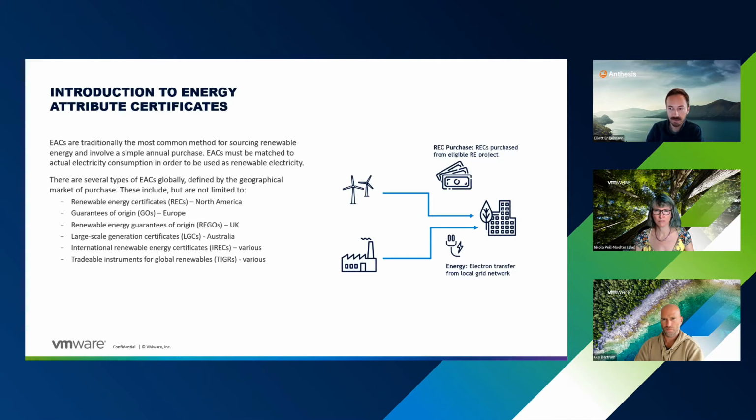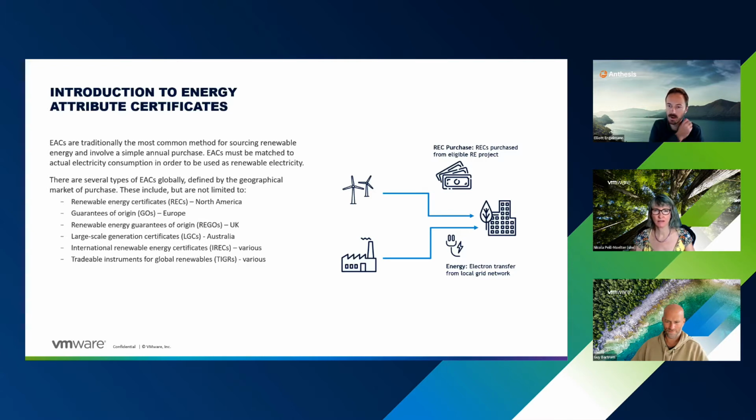In the UK specifically, they're called REGOs. In Australia, we have LGCs, which stand for large-scale generation certificates. And then in various countries around the world, we have IRECs, we have TIGRs. These are also energy attribute certificates that are in many countries in Southeast Asia and Central and South America and Africa.